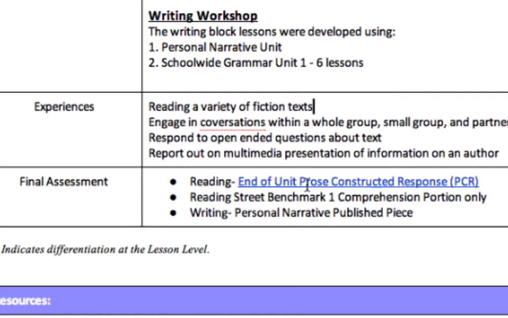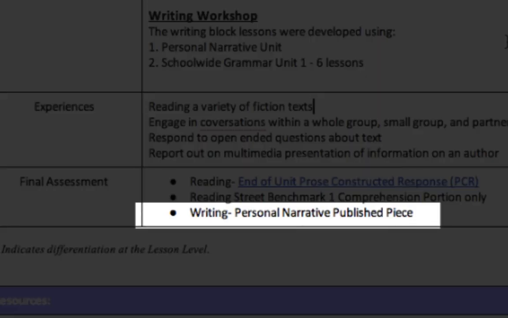And you might be thinking, Reading Street, we're not teaching Reading Street. We made sure that all of the skills and strategies in the comprehension portion of the Reading Street test are taught in this unit. So the students will be able to be successful on Reading Street Benchmark 1 for the comprehension portion only. So that can be used as a final assessment. And then in writing, they will have their personal narrative published piece.